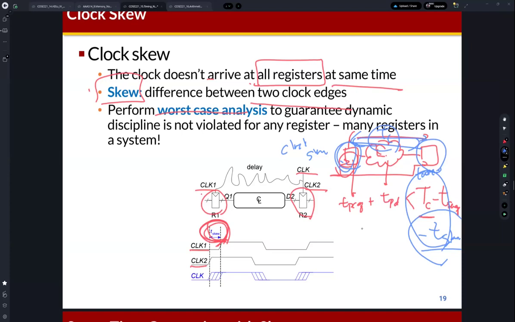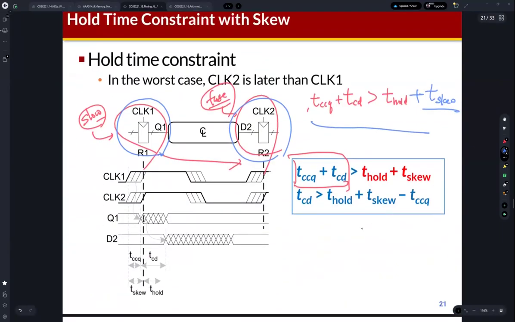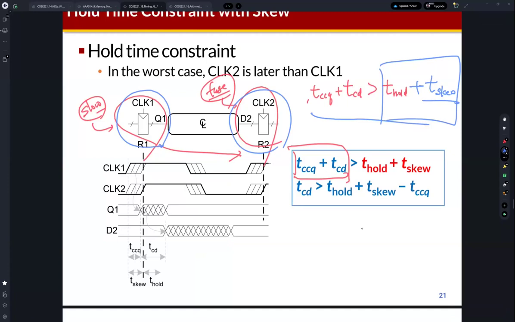So in the setup time, the effective period is reduced by clock skew, and when we consider the hold time constraint, the effective hold time is increased because of this clock skew. So when we consider this worst case, we can analyze the setup time or hold time constraint with the clock skew.